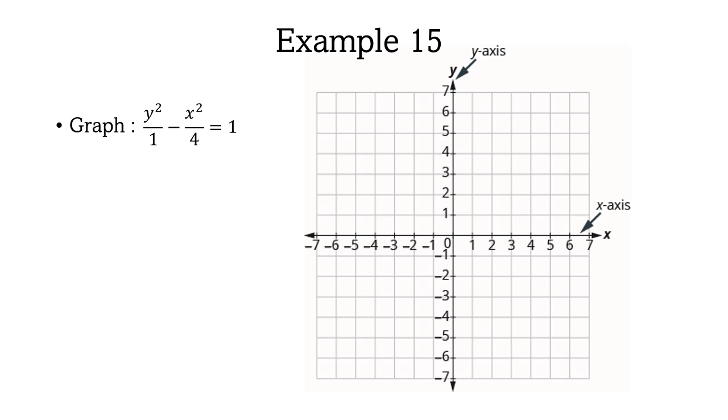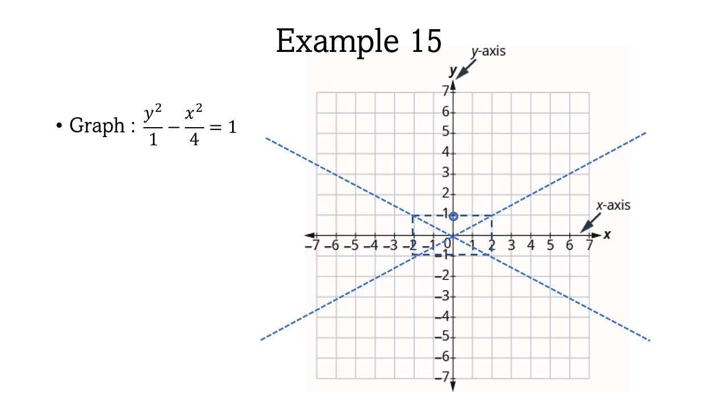Another example: from the center, we're going to go 1 unit up and down and 2 units left and right, and draw a rectangle. We're going to draw the diagonals. Now here the vertices are on the y-axis with coordinates 0, 1 and 0, negative 1. Now we still need to locate the foci. So the foci are at 0, square root of 5 and 0, negative square root of 5.